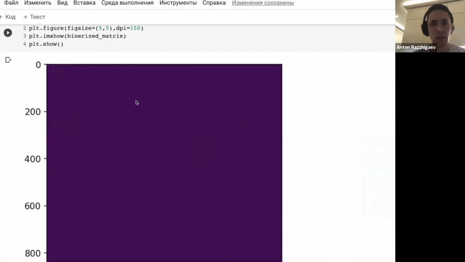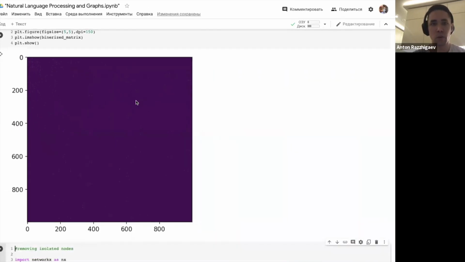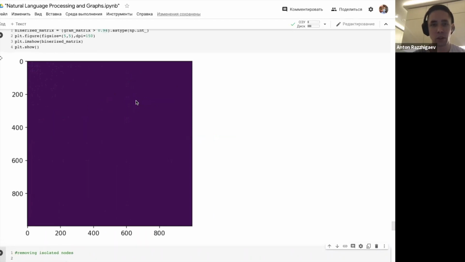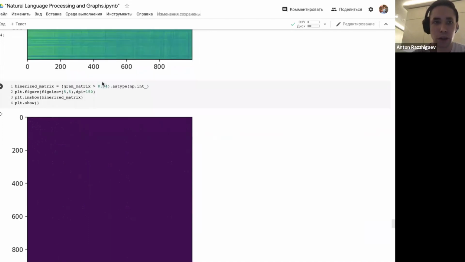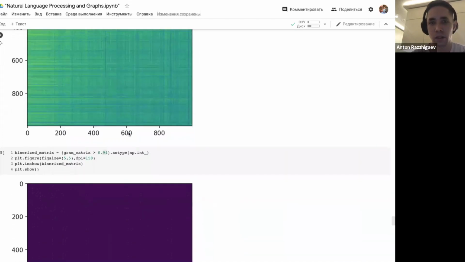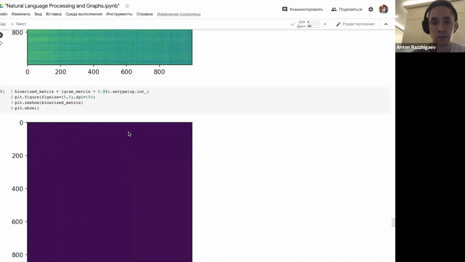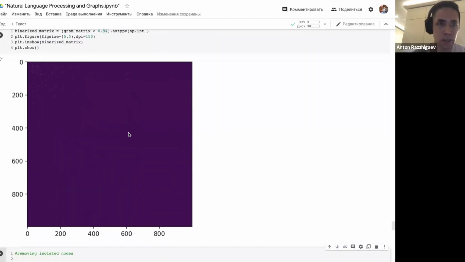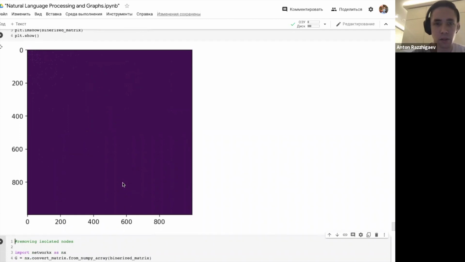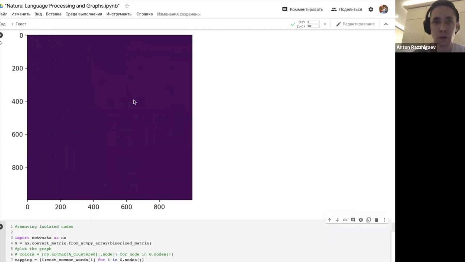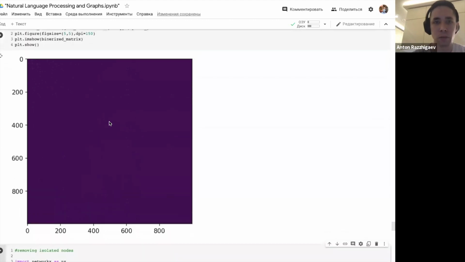So these are the most strong, the most highly correlated words in our set of 1000 most common words. So we left only most strong edges from our fully connected similarity graph. As you can see, there are a few dots here, and mostly it is 0. This is our new adjacency matrix based on similarity graph.